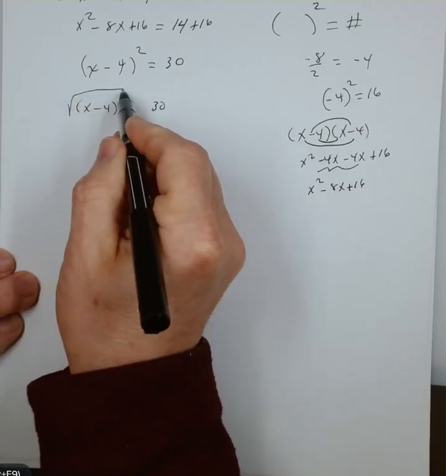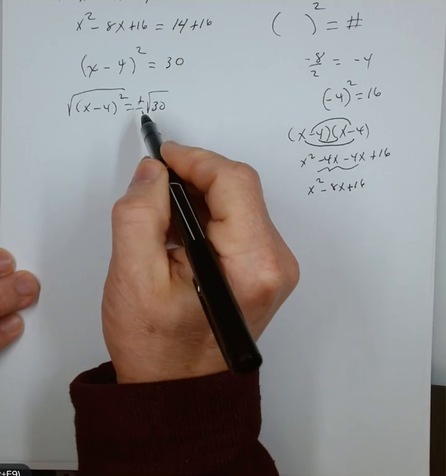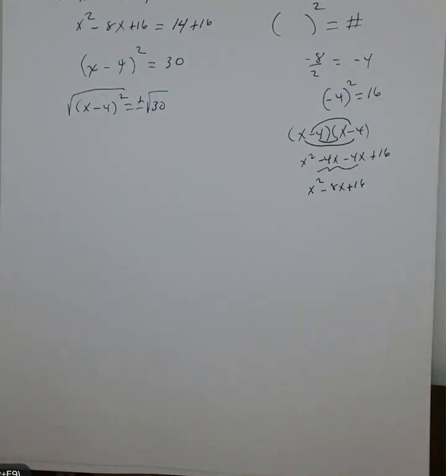So square root, and don't forget that plus or minus. Okay, let's simplify the square root of 30. What's the only perfect square that goes into 30? 1. No other perfect square goes into 30, so I cannot do anything with the square root of 30 like I did with the square root of 32 earlier.